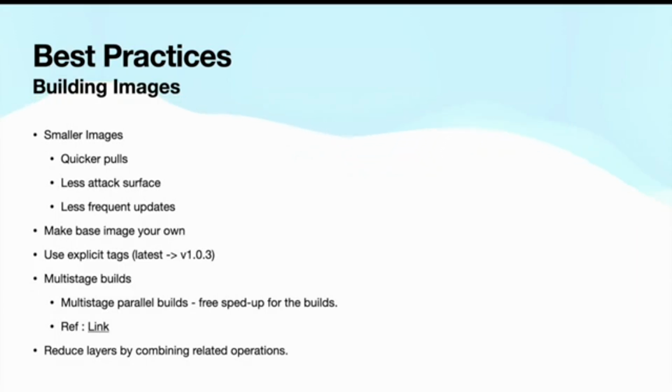Apart from that, when it comes to building images, it's always better that you make your base image your own. Why am I saying that? Ideally, when we are doing production releases, normally we get our base image from Docker Hub, or probably some public repository.